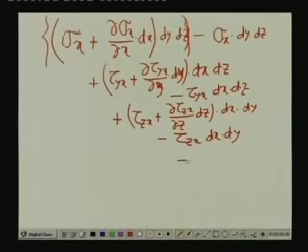Plus, if we assume that X is the body force per unit volume, this multiplied by dx dy dz is set equal to 0.